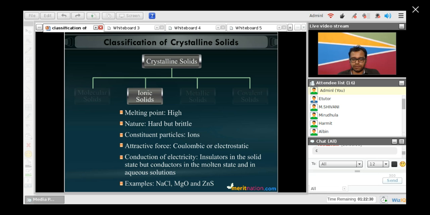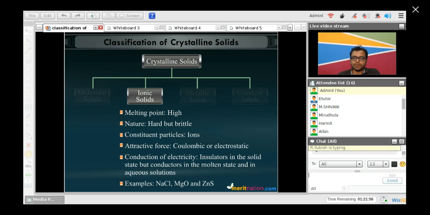If you see all these solids, you will observe a cation and an anion, right? So in case of NaCl, Na+ and Cl- will be there in the crystalline solid. So it is called ionic solid also, right? It is a part of crystalline solid. Now the fourth point is that the attractive force between the species inside the ionic solid is Coulombic force or electrostatic force of attraction, right?